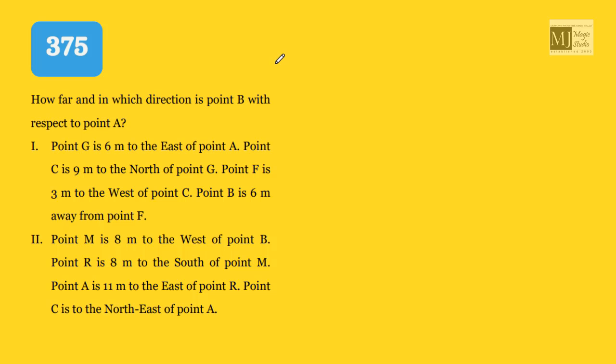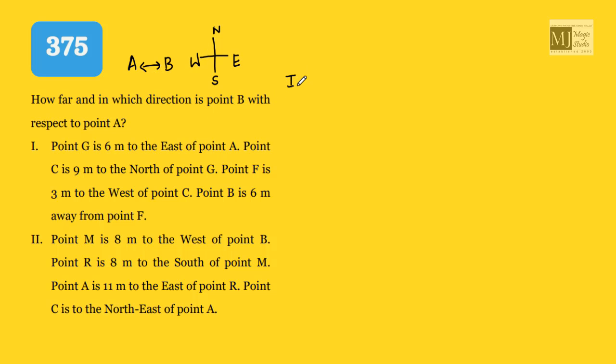How far and in which direction is point B with respect to A? We need to find the direction and the distance between A and B. We know the basic directions: north, south, east to the right, and then west.